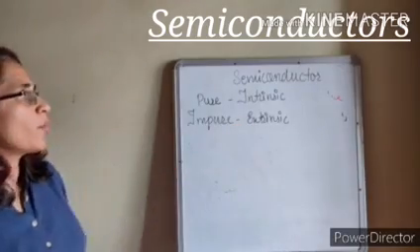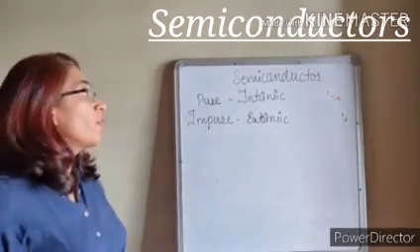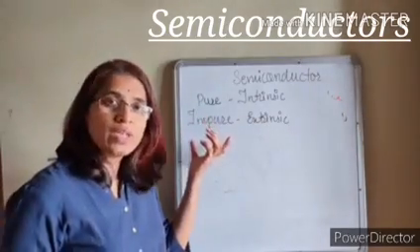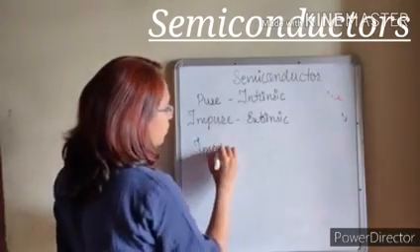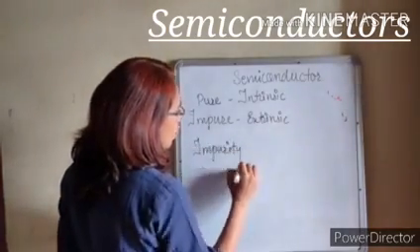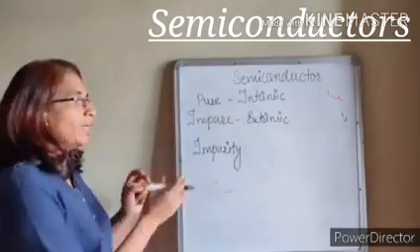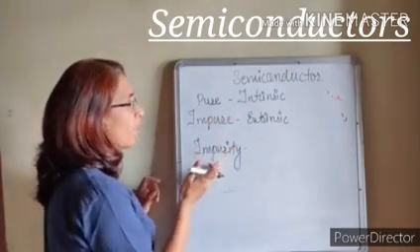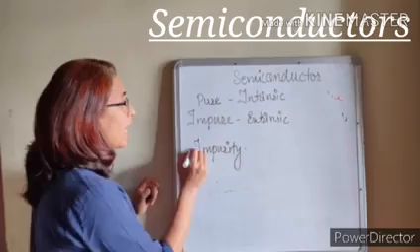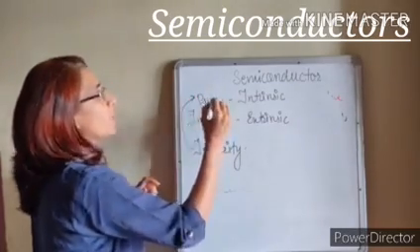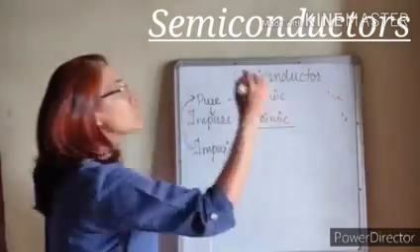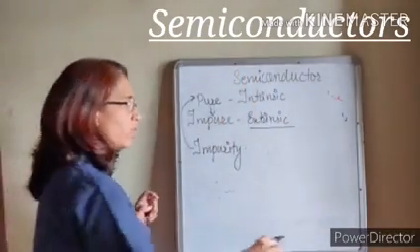So what is the impure type of semiconductor? If there is an impure type of semiconductor, there must be some impurity. When this impurity is added to the pure type of semiconductor, we get the impure type of semiconductor, called the extrinsic type of semiconductor.